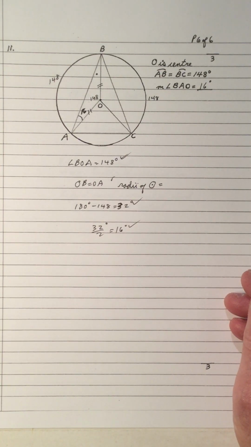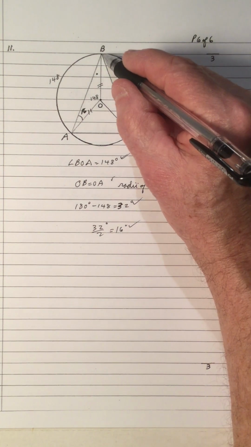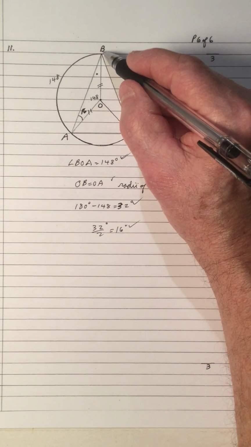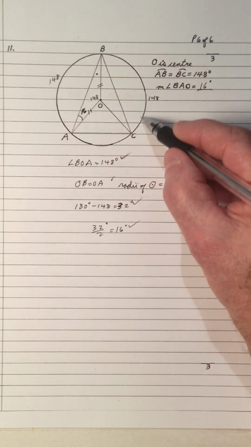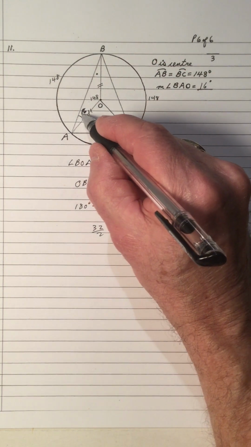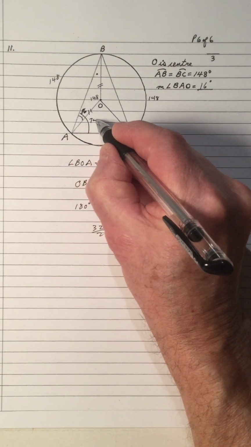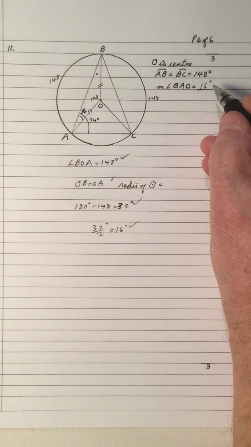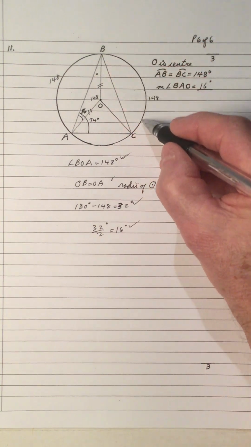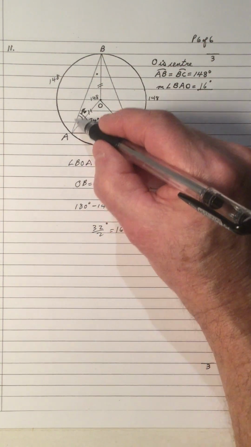And there's another way to do it, but just a little bit longer. I'll do that one very quickly. So this arc is 148. This is an inscribed angle.